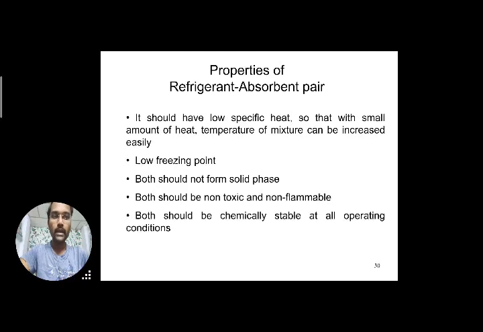Both should be chemically stable at all operating conditions. If you combine the desirable properties of the refrigerant and absorbent, you can notice all these properties of the pairs. These are a few very helpful properties, and you should remember them.